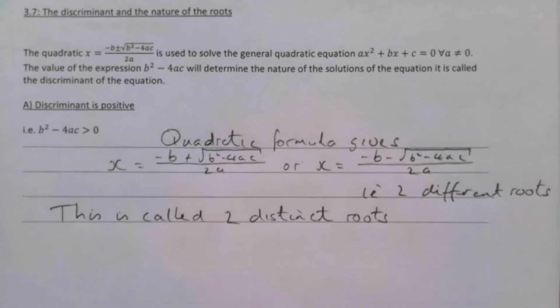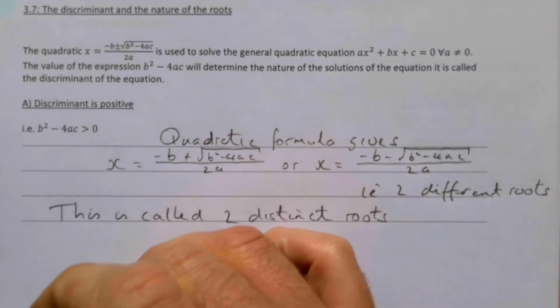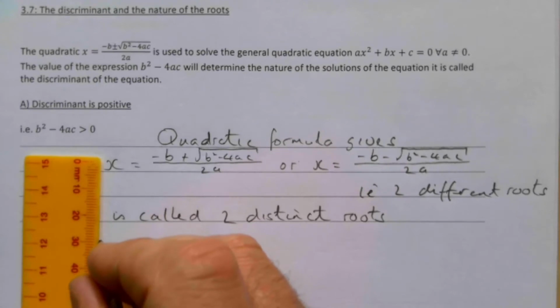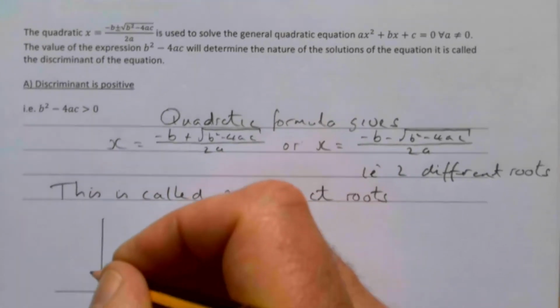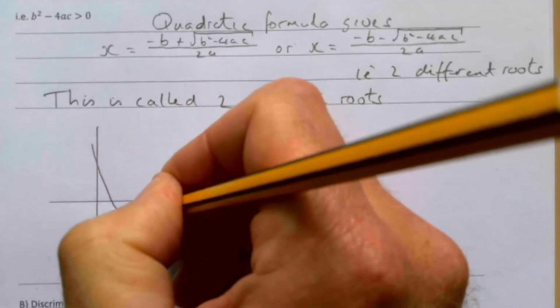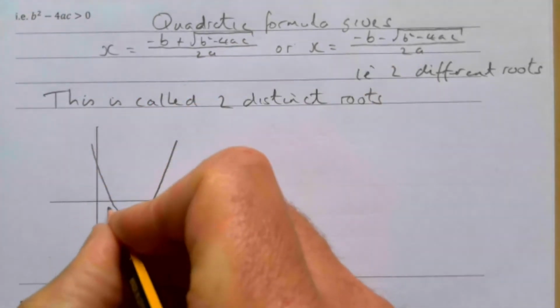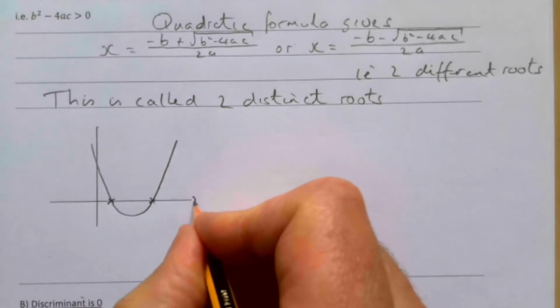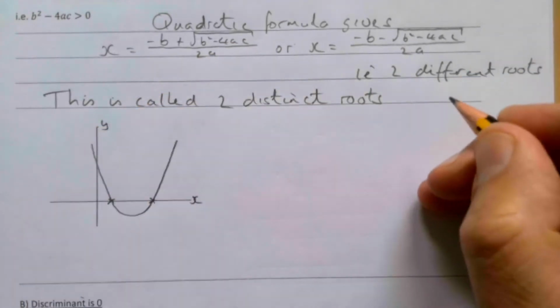Here is a scenario where this happens. If you look at the graph, that means the graph will cross the x axis in two different places. For example, looking like that, where that would be one root there, and that would be one root there. That's my x and y axis here.